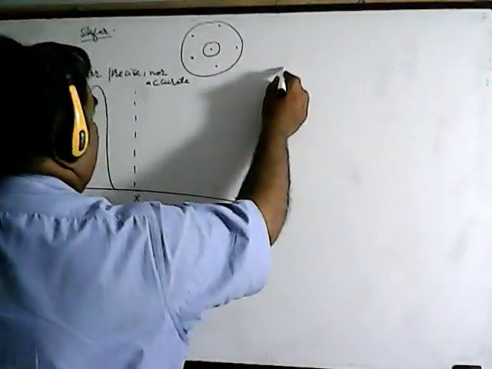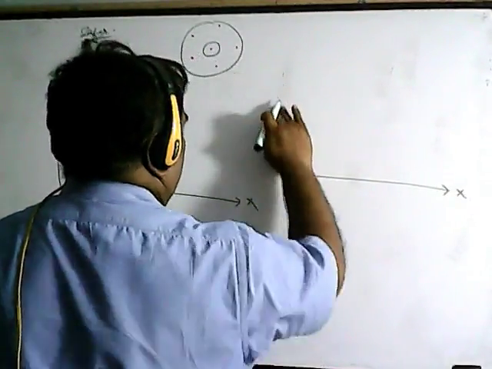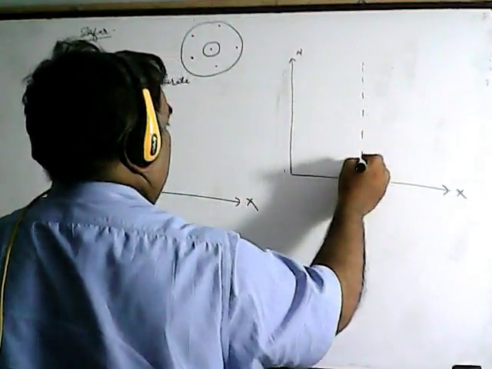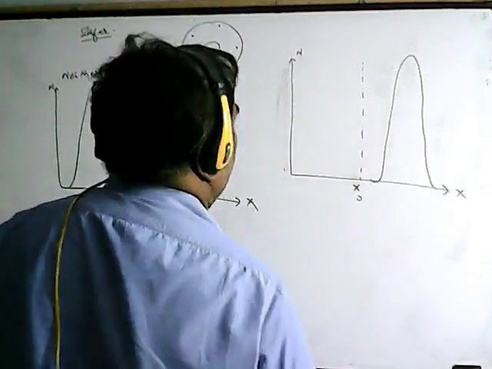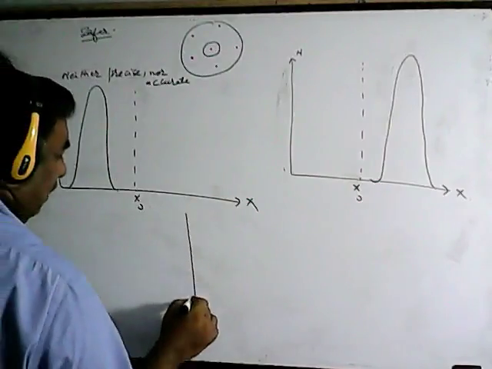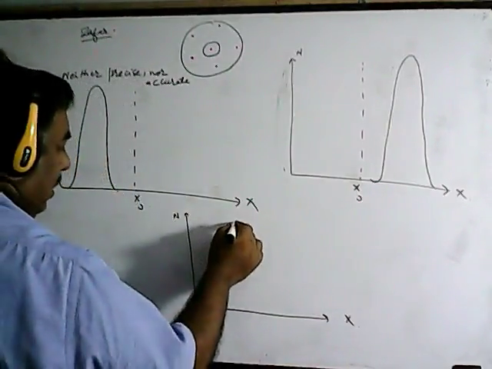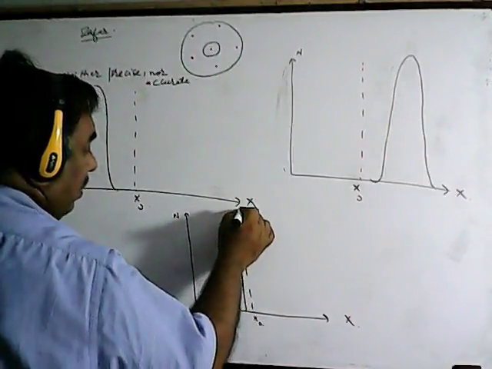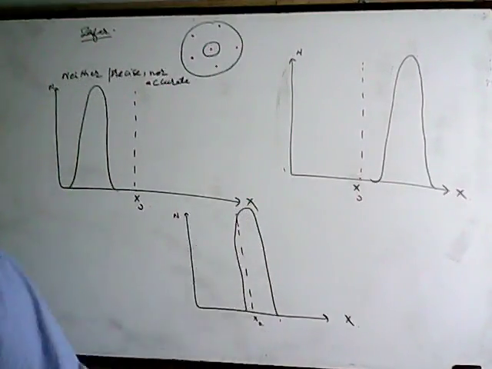Or you may have another possibility, with x, n, and x naught, where the very wide loop is here. Or suppose it is not symmetrical, with x, n, and x naught, it can start from here, but it is here. It's not symmetrical about this line, but the loop is wide.